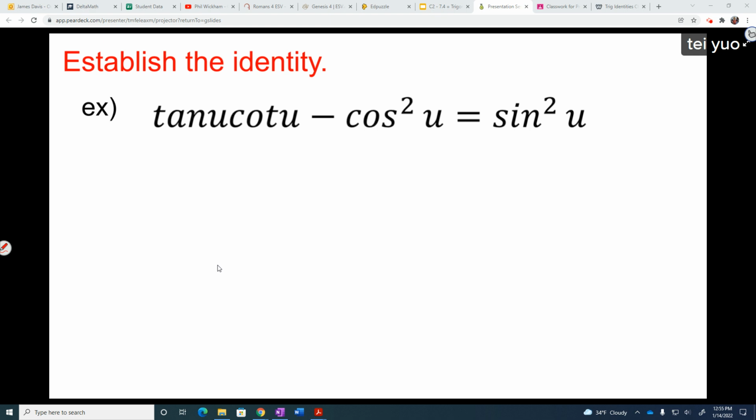Because then if we had 1 minus cosine squared, that would equal sine squared, right? So let's not touch this cosine squared. Let's just see if we can get that to be 1 somehow. We can change the tans and cotans into sines and cosines. There's actually two things you can do on this one. You can do either or. You guys want to change this into sines and cosines or something else?